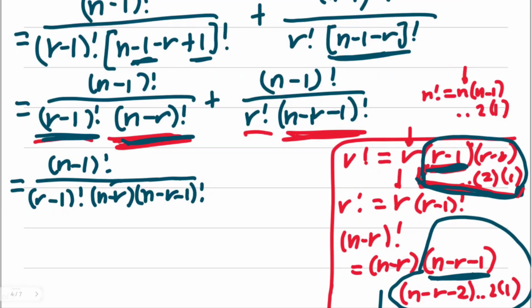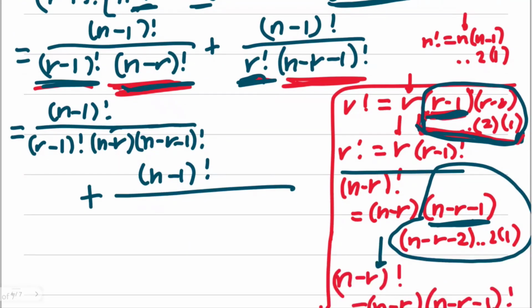I don't have much space. Hopefully you'll bear with me. Plus n minus 1 factorial over. Now let me break this into this form. R times r minus 1 factorial times this as it is, n minus r minus 1 factorial.